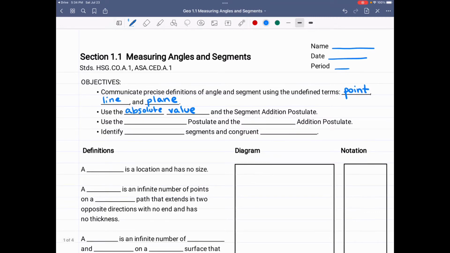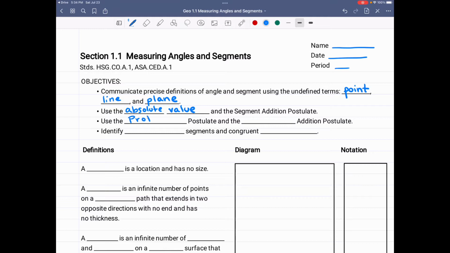Use the protractor postulate and the angle addition postulate. Identify congruent segments and congruent angles. That's a lot of objectives.